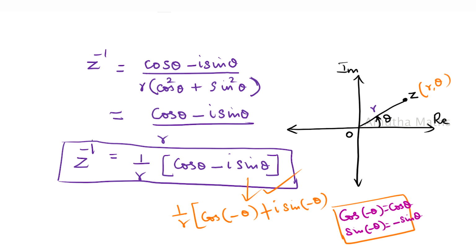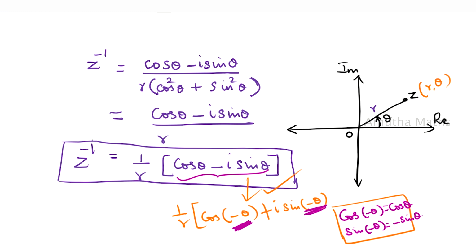அதனால cos of minus theta வை நம்ம எப்படி எழுதிக்கலாம்? Cos theta, plus i into sin of minus theta ங்கிறது minus sin theta. அதனால நம்ம இதை இப்படி எழுதிக்கலாம். ஓகே, அப்போ இங்க ஆங்கிள் என்னது? Here angle is minus theta. Minus means what?